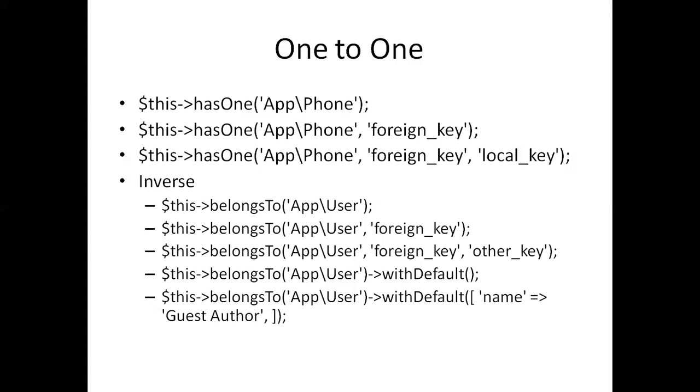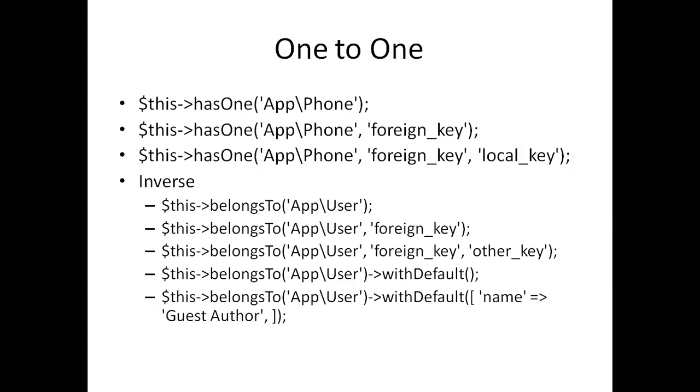And next is one to one. In one to one, you can use the relationship hasOne. Because it's one to one, any one of them will have the foreign key. Just like phone: a phone belongs to the user.